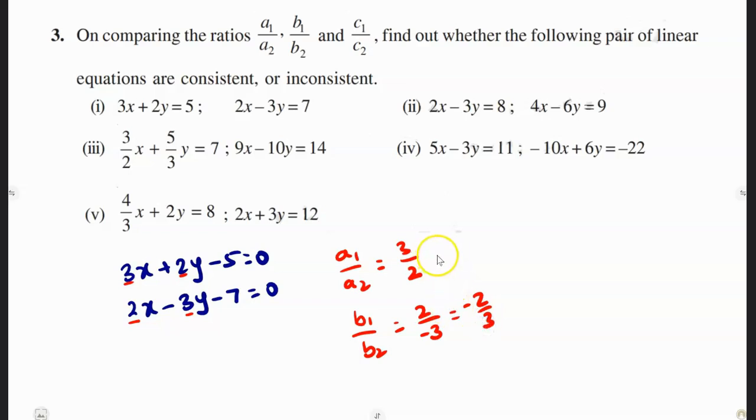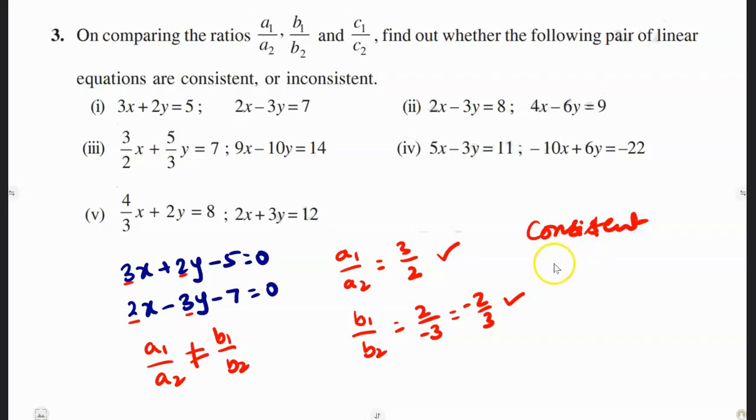So you can observe that a1 by a2 is not equal to b1 by b2. What happens if a1 by a2 and b1 by b2 are not equal? The equations are said to be consistent, and they intersect at one point, so they have one solution. Okay, so this is the first question.